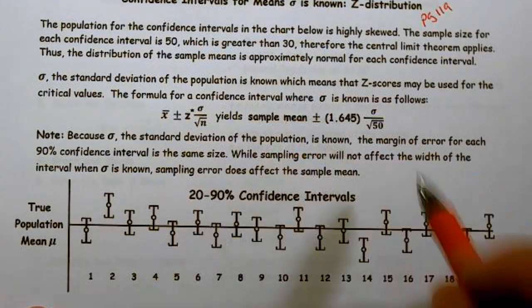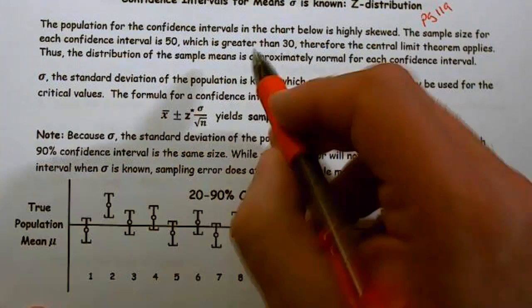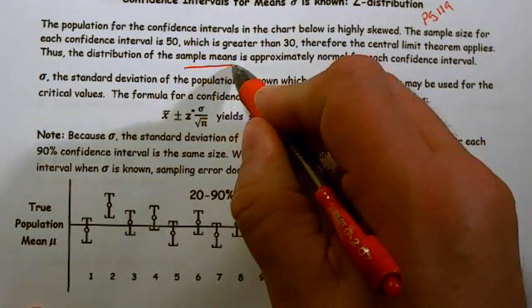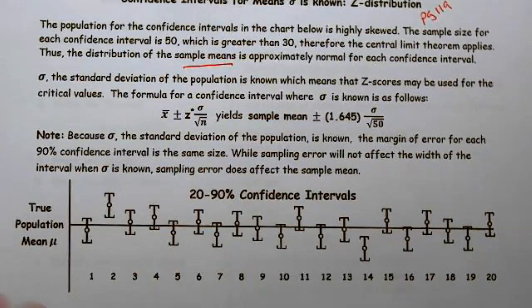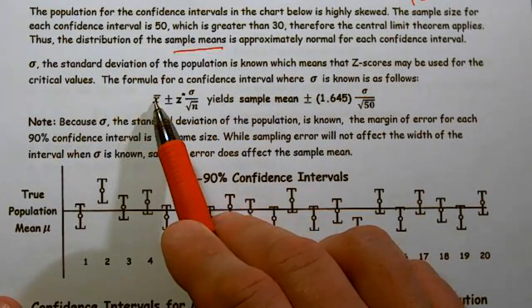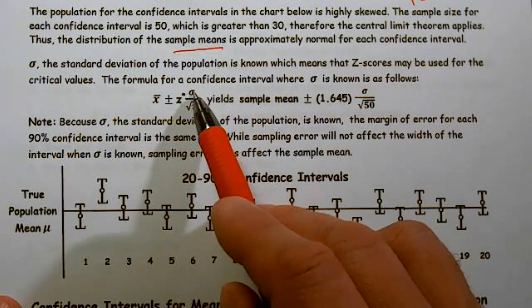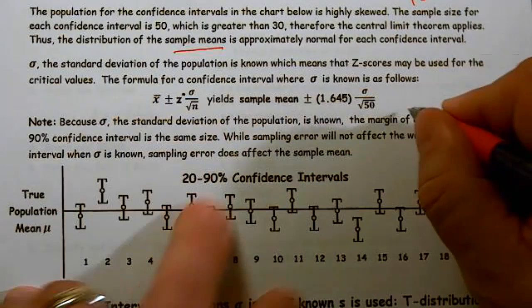Therefore, the distribution of the sample means becomes approximately normal for each confidence level. If I had a Z, now we're going to primarily be working with T's because we rarely know the standard deviation of the population. So if we're working with the T, it's going to look like this.